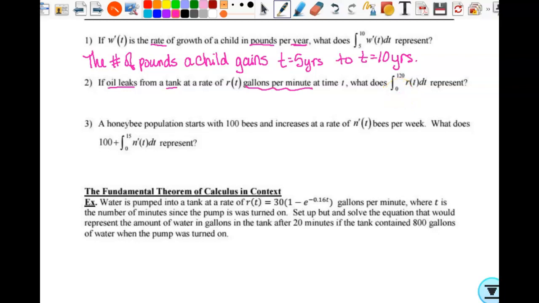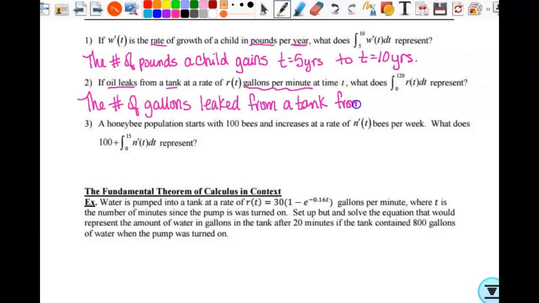So we would say the number of gallons then leaked out, or leaked from, either way, a tank, and I would say again from t equals 0 minutes to t equals 120 minutes.